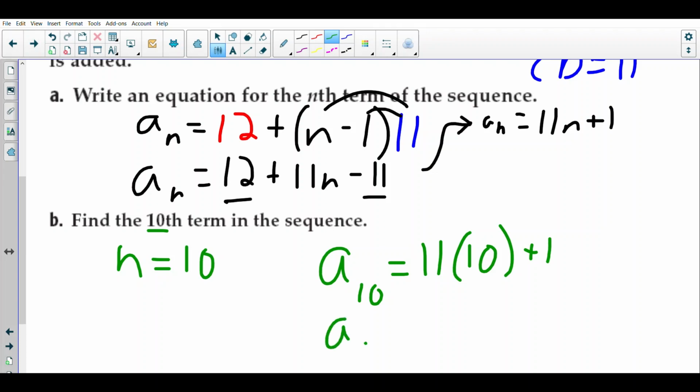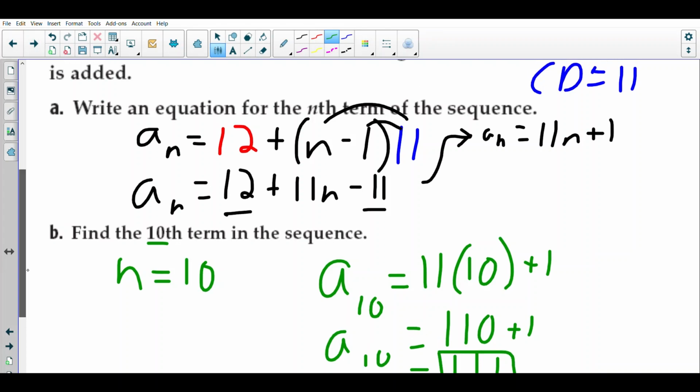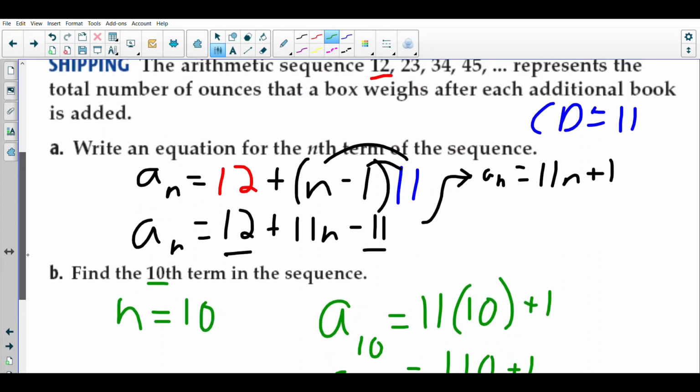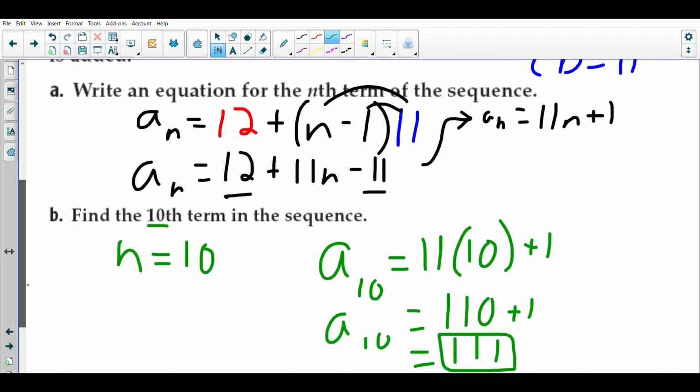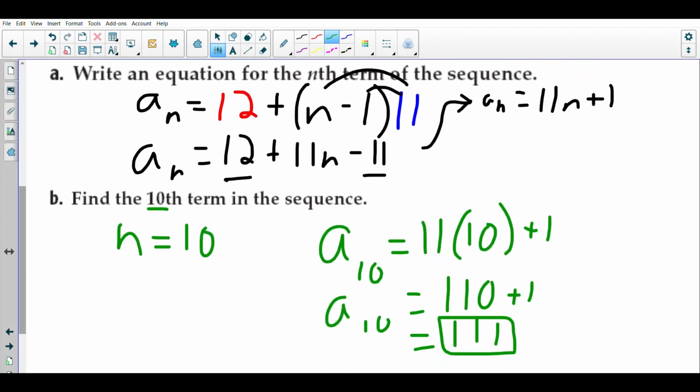So a sub 10 is equal to 110 plus 1, and that gives us 111. And if you want to count that out to verify, you can, or you can trust the formula. I would verify it for yourself. But after that, figure out what the 50th term is.